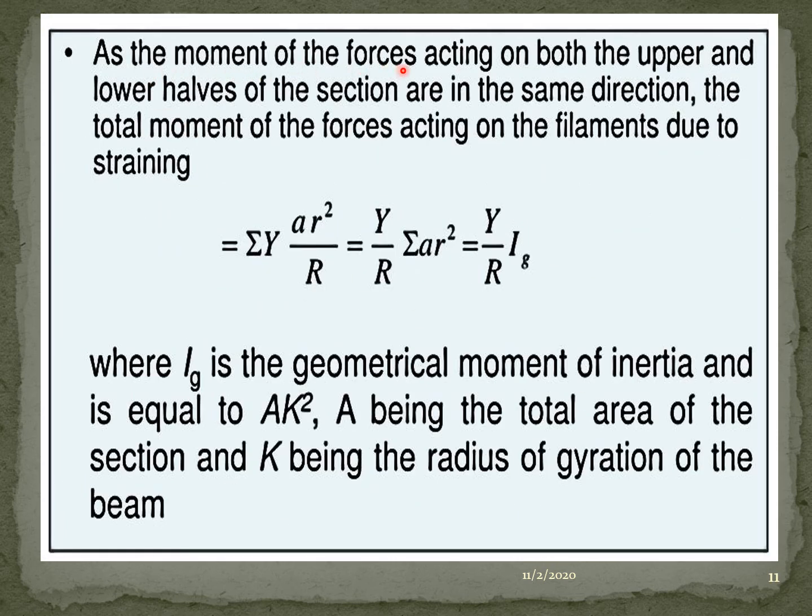As the moments of the forces acting on both the upper and lower half of the section are in the same direction, the total moment of the forces acting on the filaments due to the straining is equal to summation capital Y small a small r squared by capital R. Taking the constants out, this is equal to capital Y by capital R into summation A r squared, which will be equal to capital Y by R into Ig, where Ig is the geometrical moment of inertia and is equal to capital A K squared, where A is the total area of the section and K is the radius of gyration of the beam.